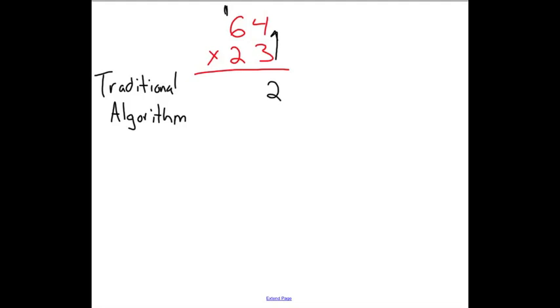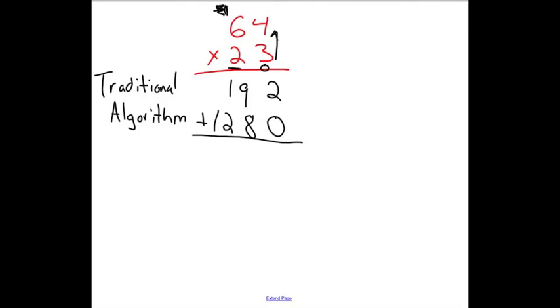Regroup the 1. 3 times 6 is 18, plus the 1 is 19. Now I'm going to scribble out my regrouping. I'm moving over to the 2 from 20. Since there's a 0 in 20, I need to hold a 0 below. 2 times 4 is 8. 2 times 6 is 12.